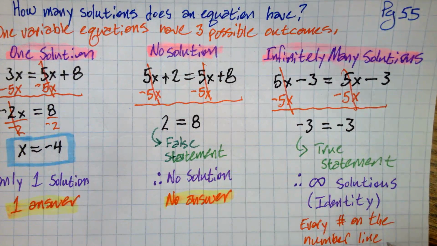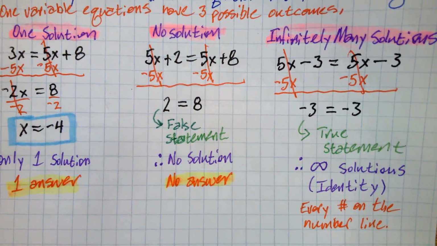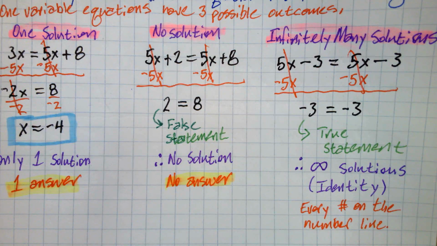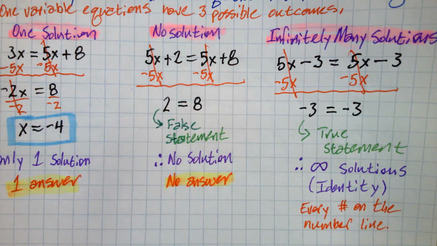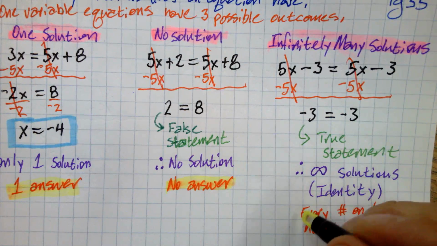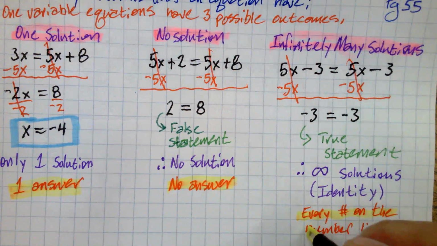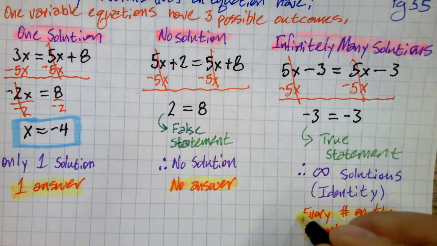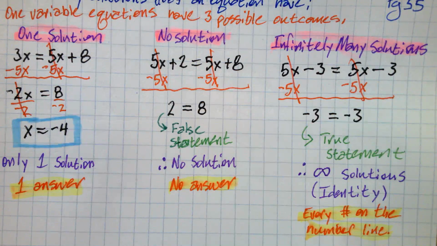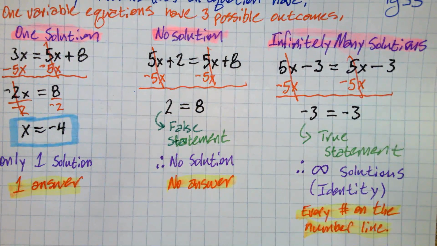Because next year, we're going to briefly talk about and learn some things about numbers that aren't on the number line. They're called imaginary numbers. So what we say is every real number is a solution.